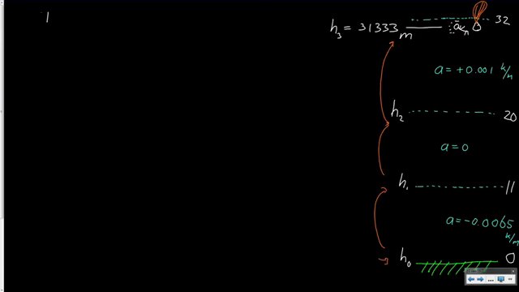The temperature T1 is given as T0 plus a times the difference in altitude. In this case, as start value, we use the sea level values, which are given. T0 is 15 degrees Celsius, which is 288.15 Kelvin.